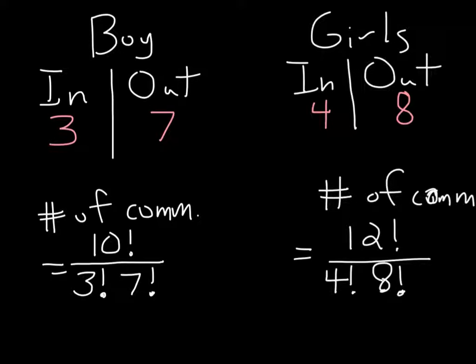If we simplify these a little bit, I won't do the simplification here, but you can check, there are 120 ways of picking 3 boys out of 10. And for girls, it is 495 ways of picking 4 girls out of 12.